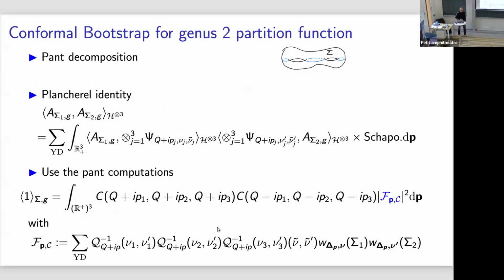By the holomorphic factorization, I know that these are those coefficients up to some W factor coming from each pair of pants. If you combine everything, you end up with this formula: the partition function is the integral over the real line to the power 3, because there are 3 cuts, of the DOZZ coefficients associated to the pairs of pants, times the square modulus of something, and this something is the conformal blocks that you form, and you get this expression here.